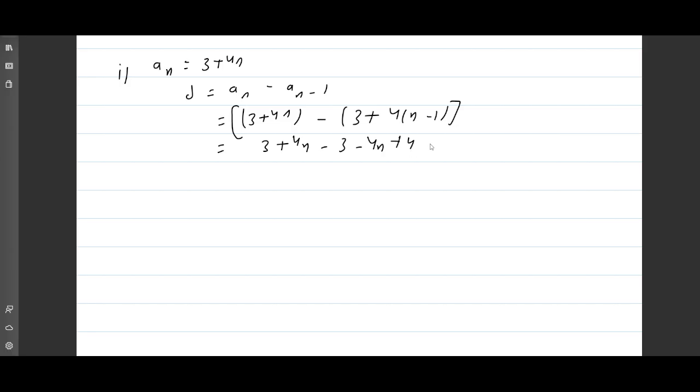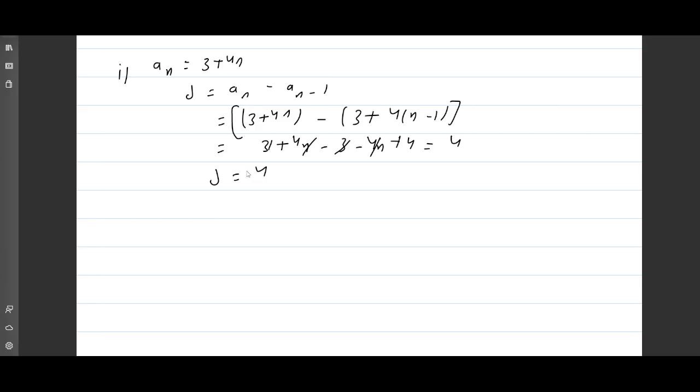So this is equal to 4. These cancel out, 3 cancels with 3, 4n cancels with 4n, so what is left is 4. So d is equal to 4. As d is free from n, d is constant, hence an is an AP.